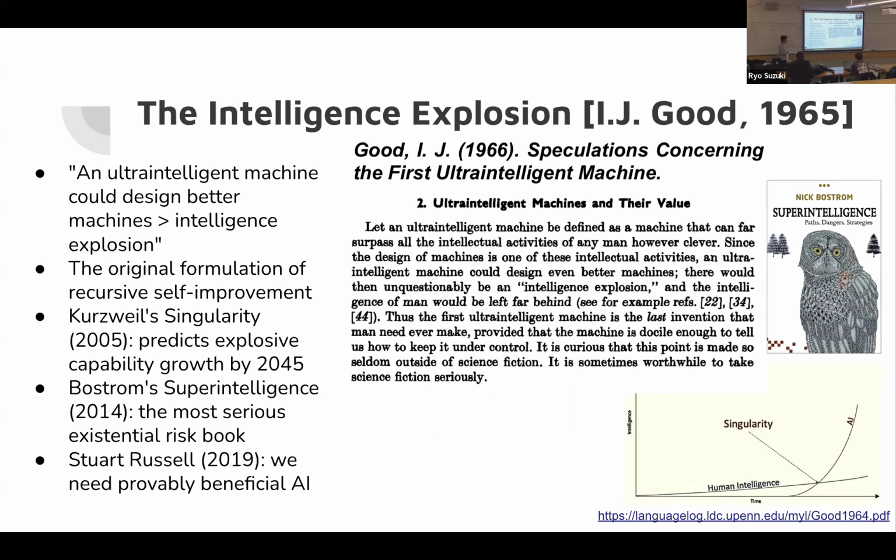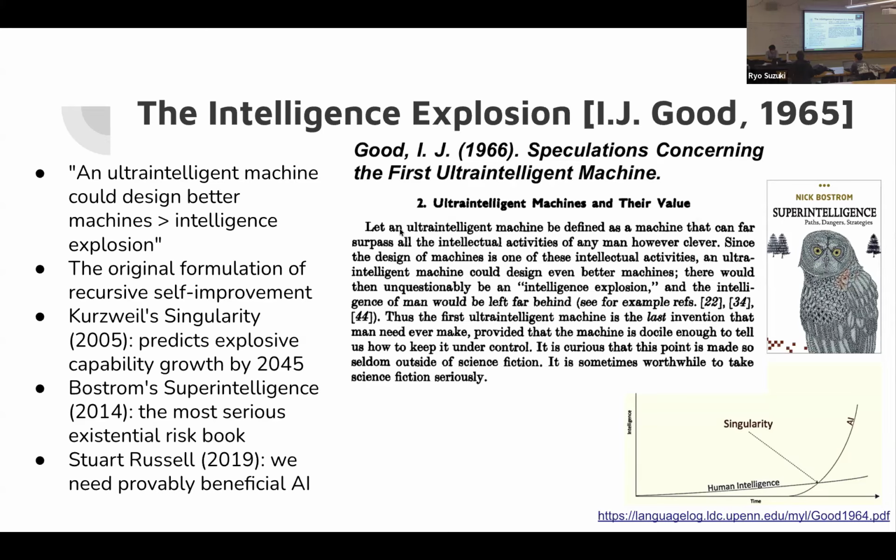And one of the implications of why AI is so important for safety comes from a good 1965 paper on what is called the intelligence explosion. Let me read it here.